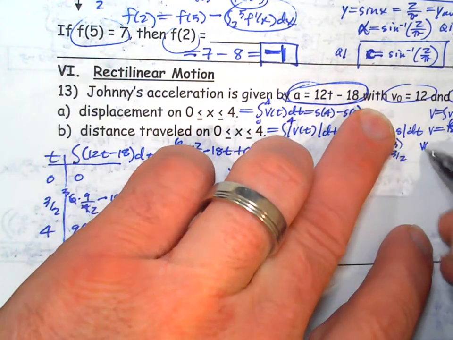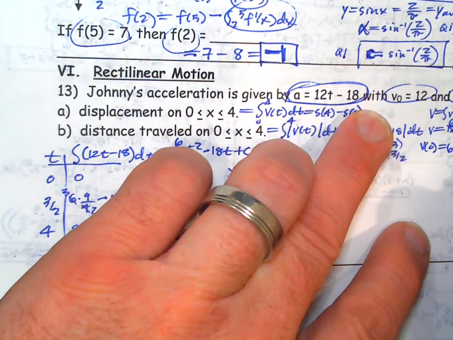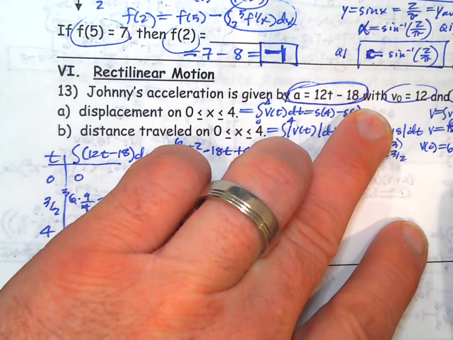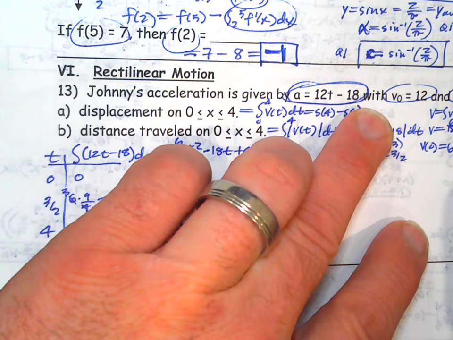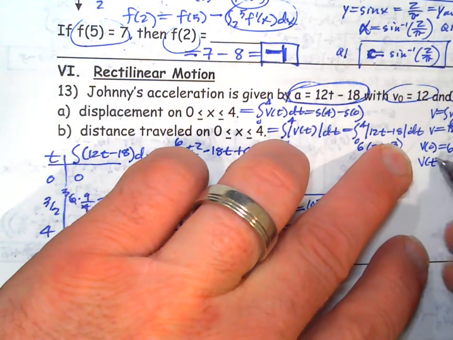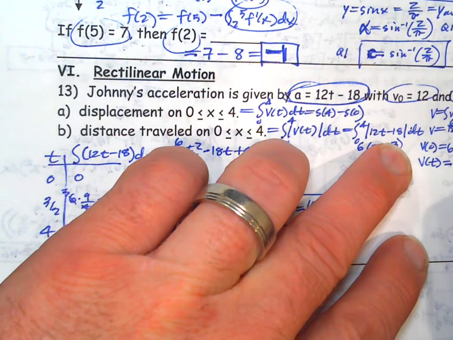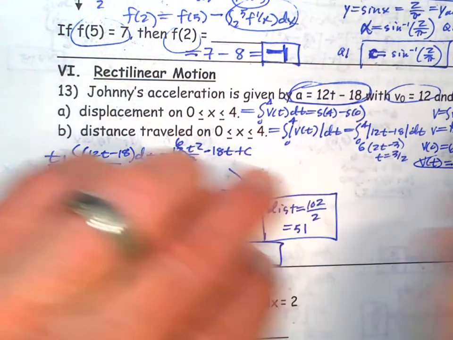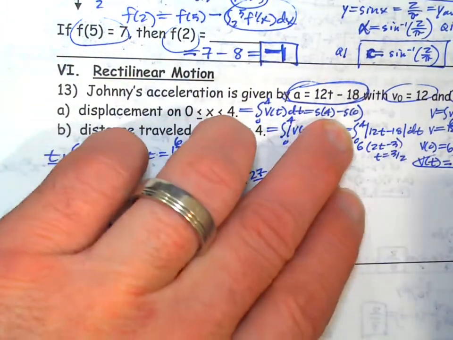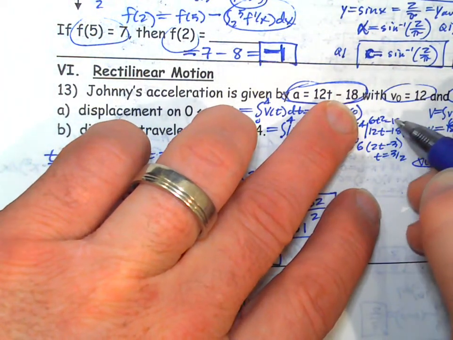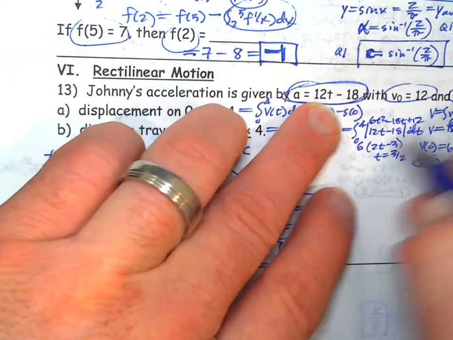We're going to use the initial condition, plug 0 in, and it should come out to 12. So the velocity is 6t squared minus 18t plus 12. This is what we should put in right here.